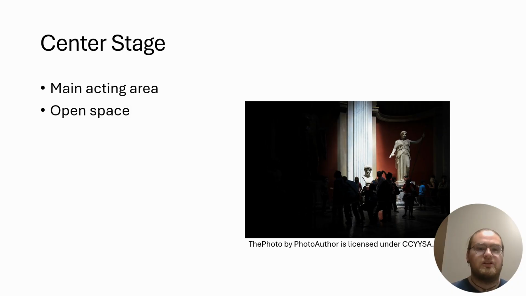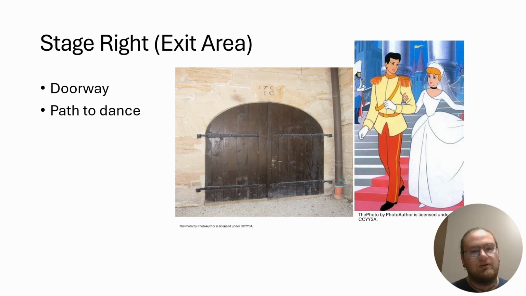For example, Cinderella might be near the work area, then step forward into center stage after she gains confidence during the conversation. All right, and then moving into stage right, I placed a doorway or an exit area.